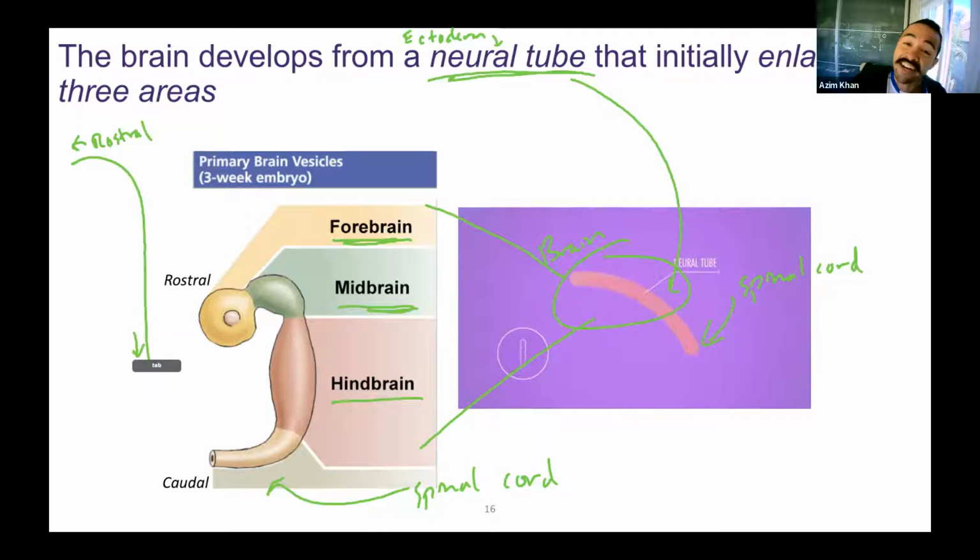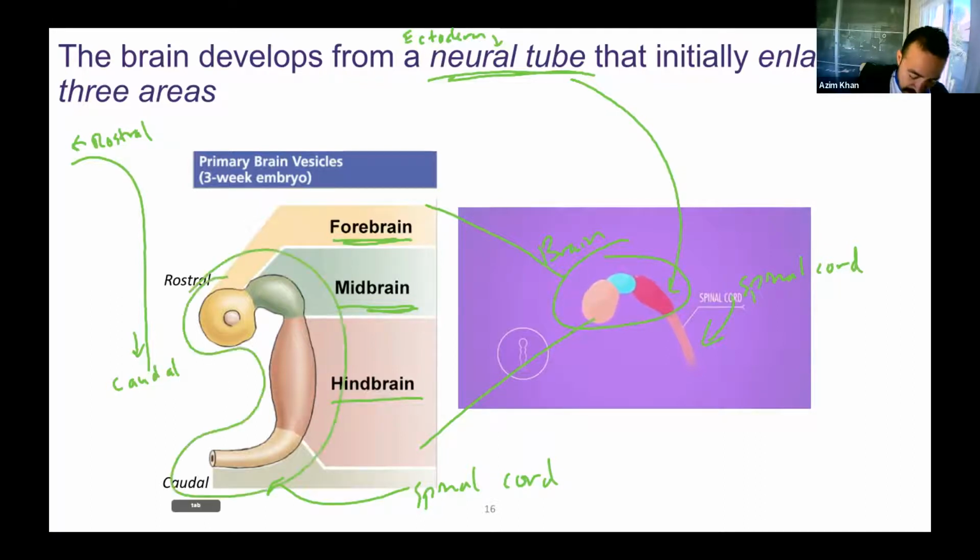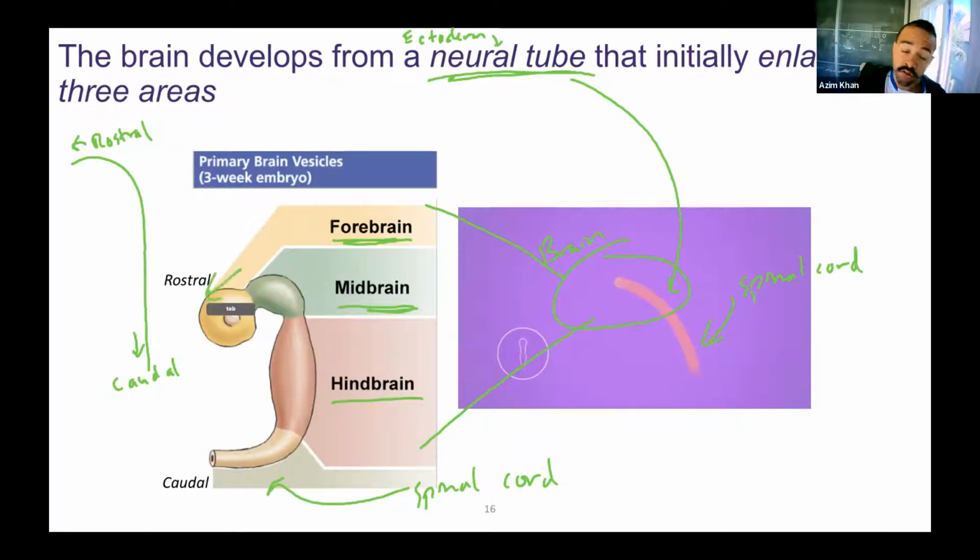Towards the tail of our spinal cord, we call that caudal. Cauda means tail. So as you can see in this picture, towards the forebrain, that's rostral. Towards the spinal cord, that's caudal. We can use these directional terms just like we use proximal, distal, anterior, posterior, superior, inferior. Rostral caudal is referring to along this neural axis, this neuraxis.